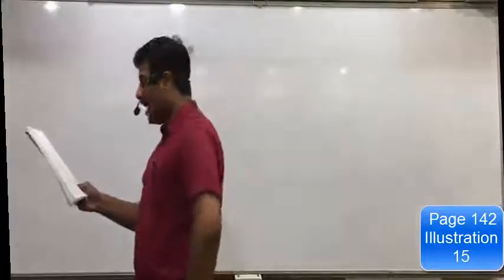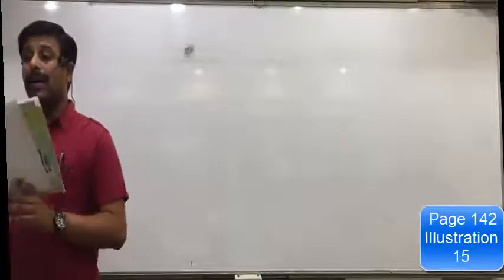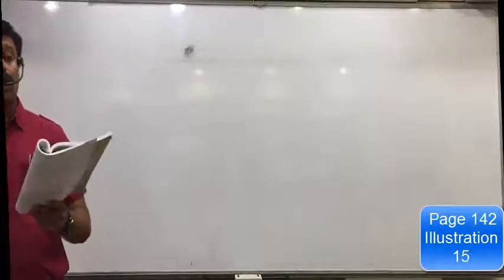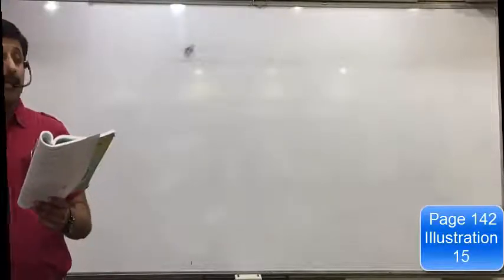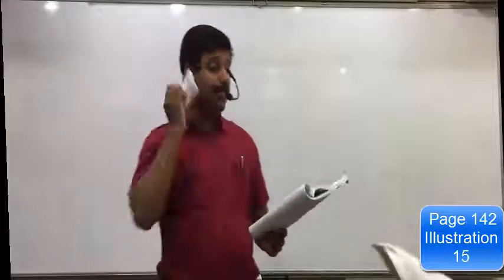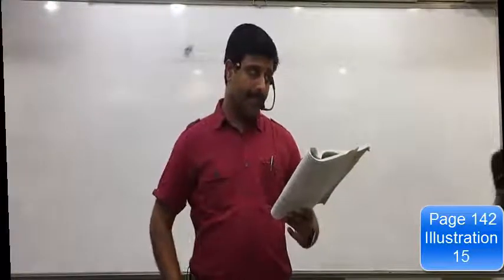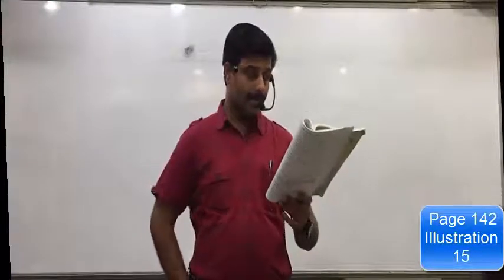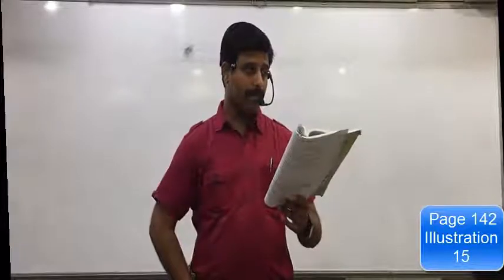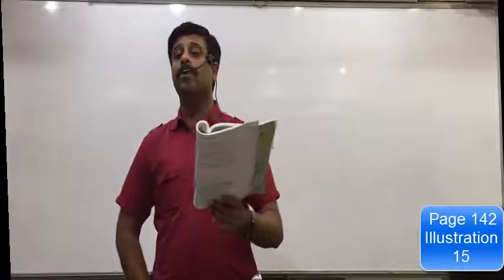Big. Find the regression line of production of crop Y on rainfall X.